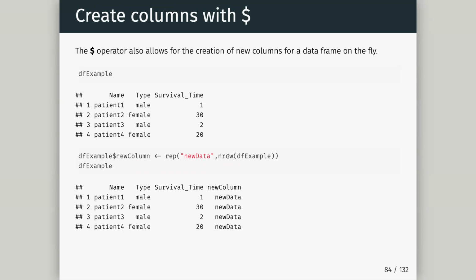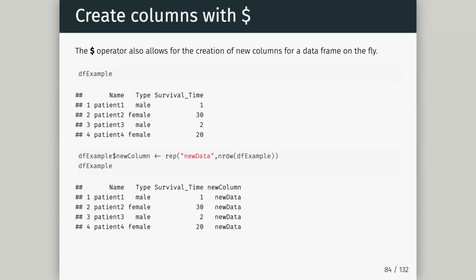If I wanted a new column called new column, I can just do the name of my data frame, dollar, the name of the column I want, and I'm going to call it new column. And I can just assign values into that. Again, it's like matrices. If I give too many values, it will recycle. But here I'm going to say repeat new data, so string.